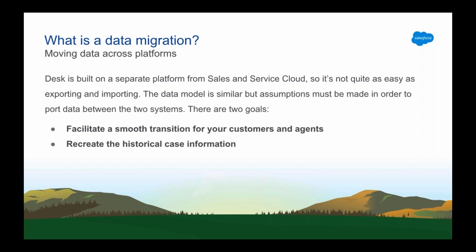That's the overall goal. And then the secondary goal is to recreate the historical case information. I think that's a departure from what we've talked about in the past. The historical case information was the main focus, but I think the transition should be the overall goal, and then the data comes second.